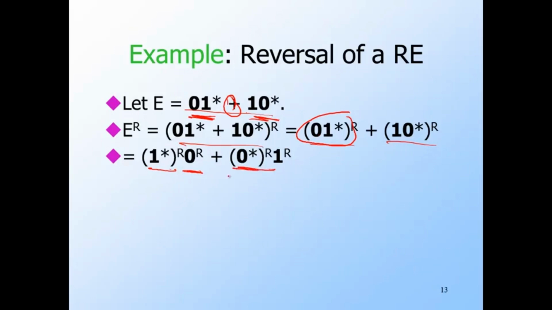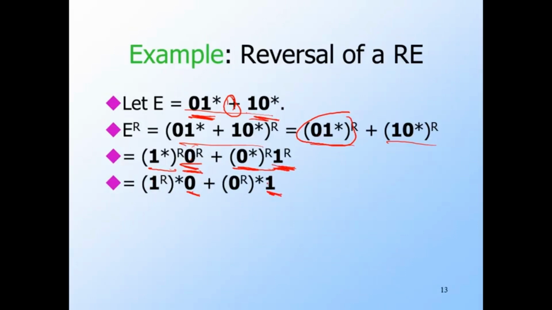It's 0 star, and we have to reverse that, followed by 1, which we must reverse. Okay. The basis rule tells us the reversal of 0 is 0, and the reversal of 1 is 1.